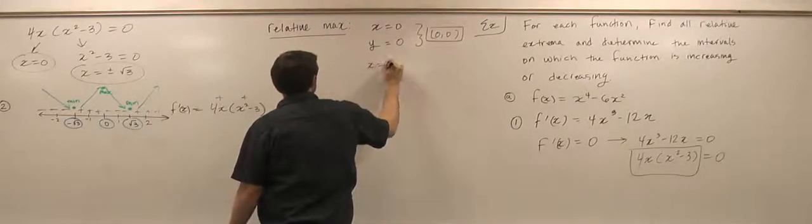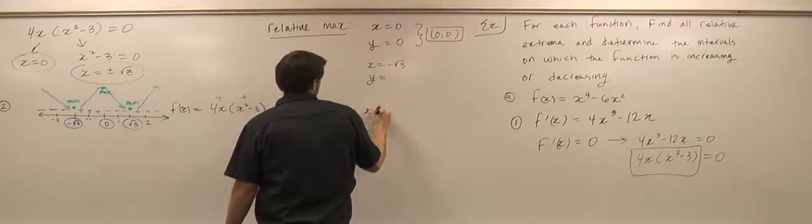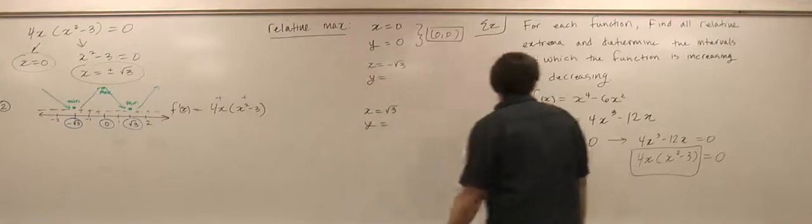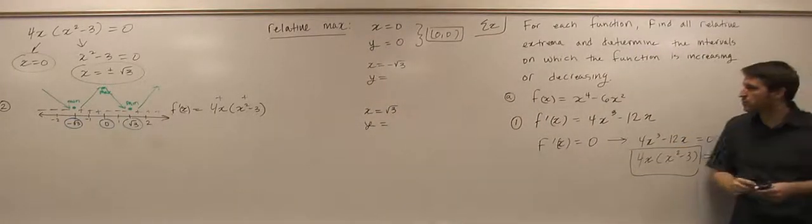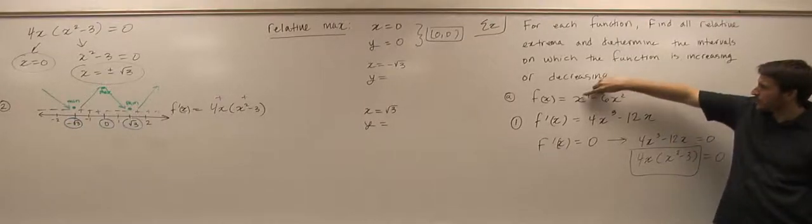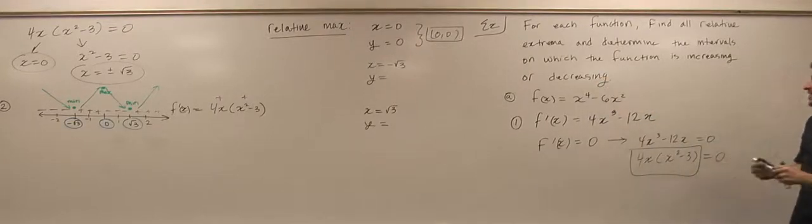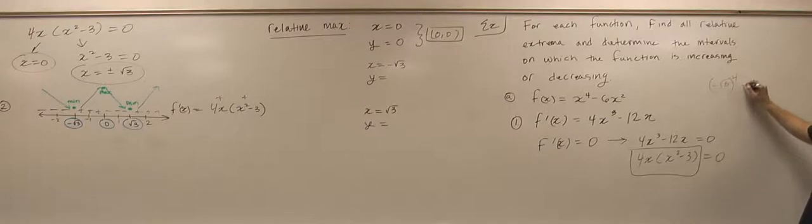Then I have x equals negative root 3. I have to figure out y. And x equals positive root 3. I have to figure out y. They're going to be the same. It's an even function. So let's do negative root 3 here. Do you know what negative root 3 to the 4th is? 9. Right, because it's root 3 times root 3, which is 3. But then root 3 times root 3 again is 3, so it's 9.